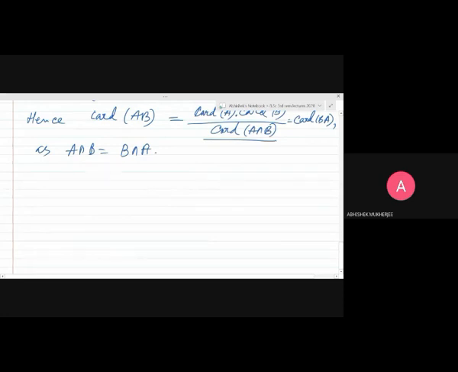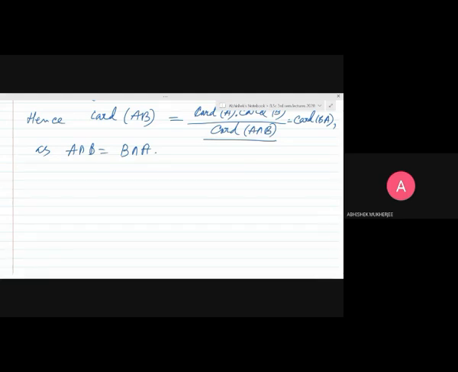To end this session, the discussion on these counting principles, let us end with an exercise that I am going to give you as a home task.